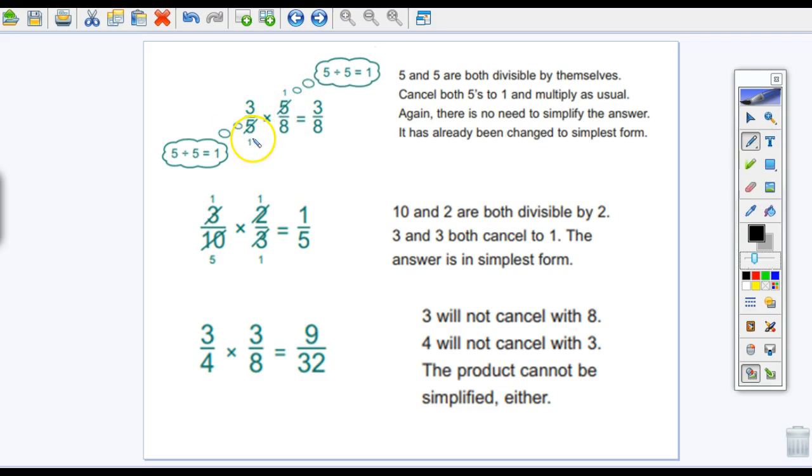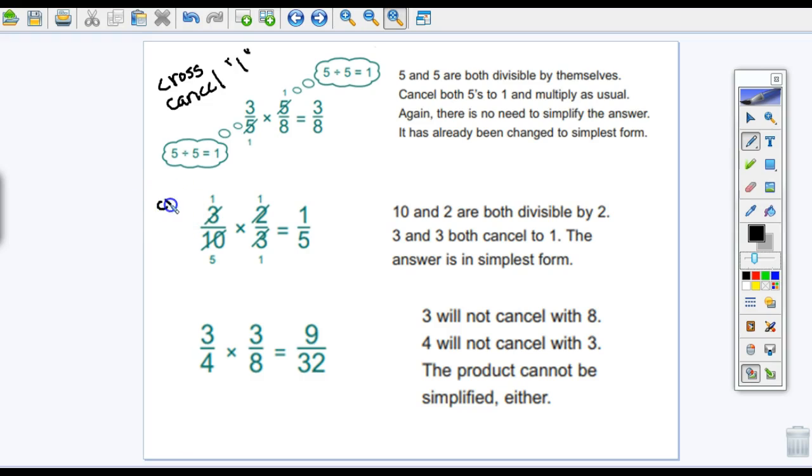So 5 divided by 5 is 1, and 5 divided by 5 is 1. That makes my new problem 3 times 1 over 1 times 8, and it gives me 3 over 8. So that's one example where you can cross cancel one pair, one diagonal pair.